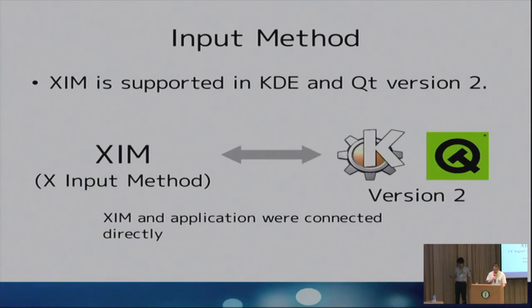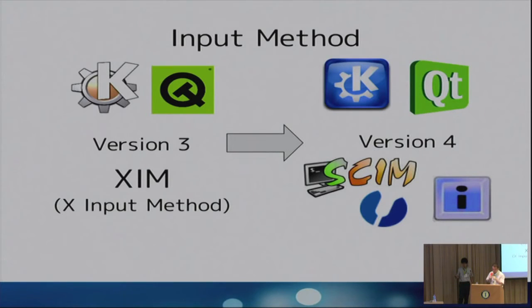But XIM is an old specification, so it was too legacy to correspond to new demands, and various input method frameworks were started, such as SCIM, UIM, and IBUS.